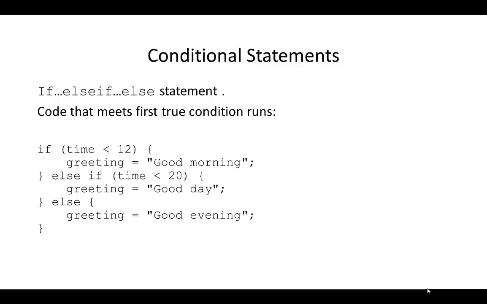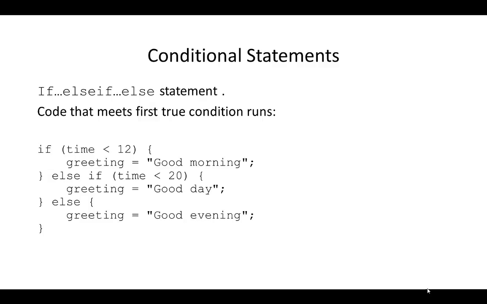Okay, we use these conditional tests most often because that's how we control programming flow through conditional statements, which test whether something is true or not and branch the code depending on which criteria are met. So JavaScript supports an if else statement for branching code.